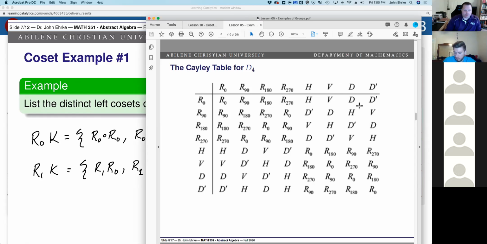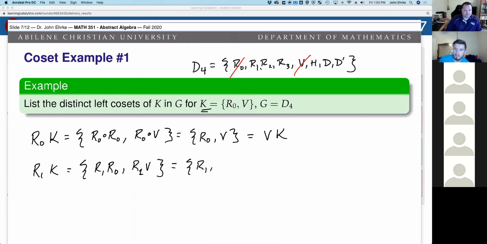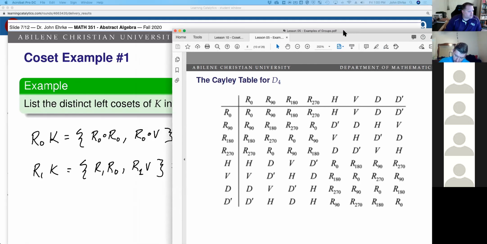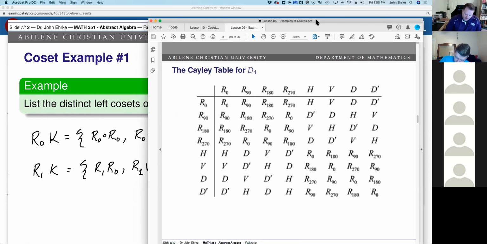Is that okay with everybody? So actually, maybe I have that backwards because I have D prime written down in my notes. So let's look. I'm looking at R1V, which means V goes first.